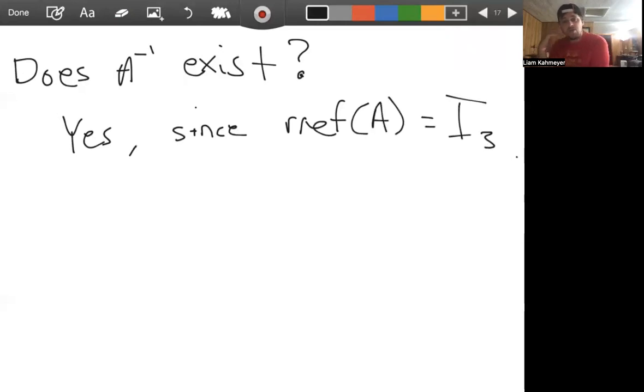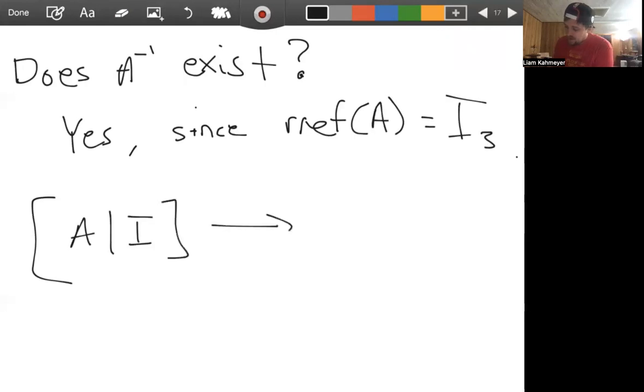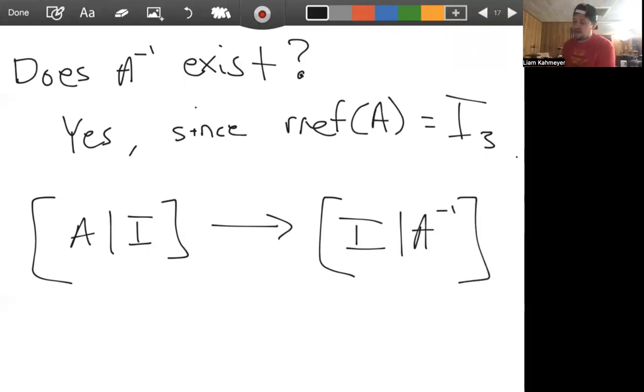Because remember, when you're trying to find the inverse, you set up A and the identity, and then to reduce row echelon form, you pass the identity to the left, and then whatever's on the right is your inverse. Well, you can only find the inverse if your reduced row echelon form is the identity.